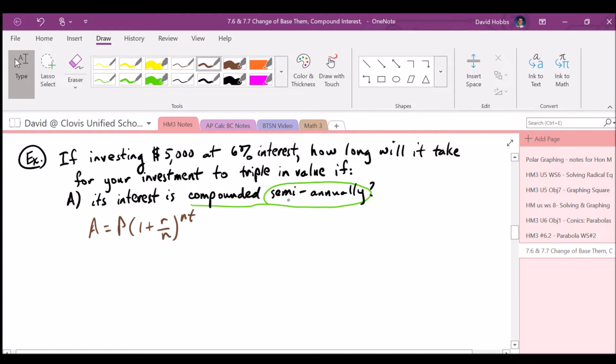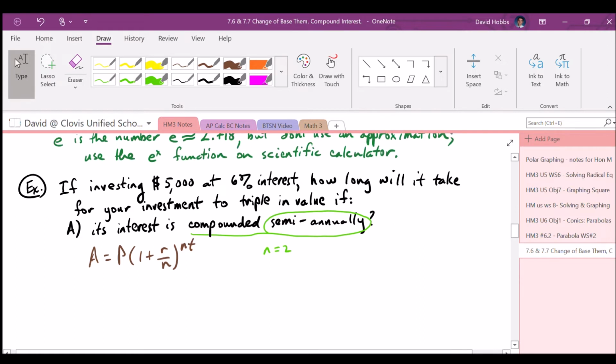Okay, so that told us that we're doing that formula, and it's 2 semi-annuals per year, so N equals 2. Okay, the $5,000, that's the initial investment. That's P, the principal. 6% interest, that's 0.06. How long will it take? Okay, so we're solving for time.